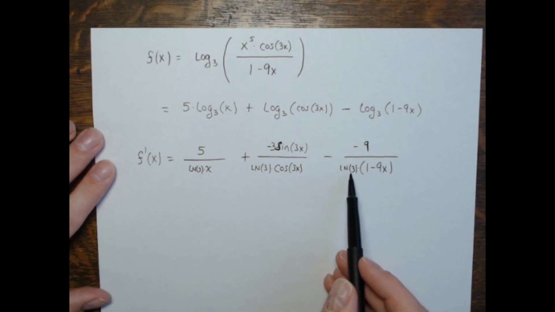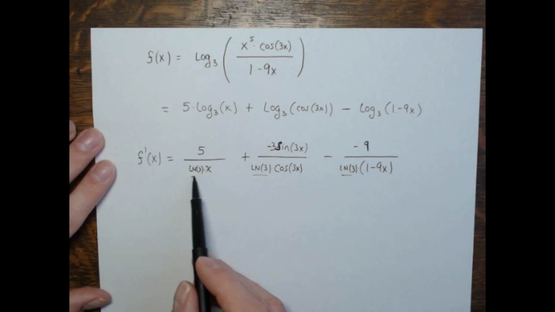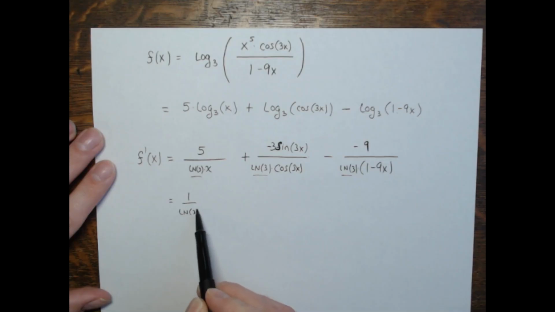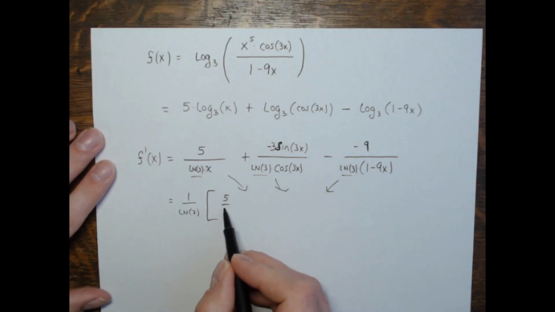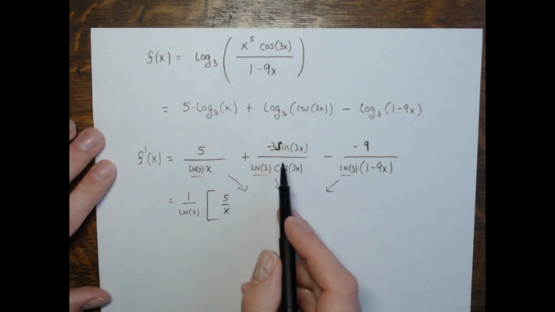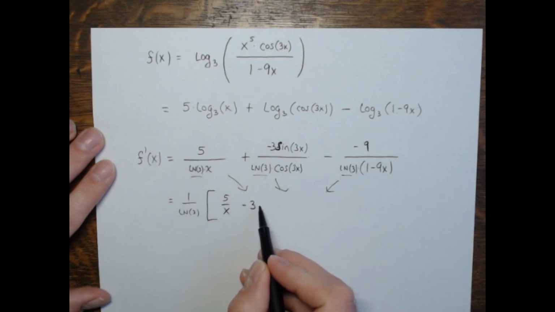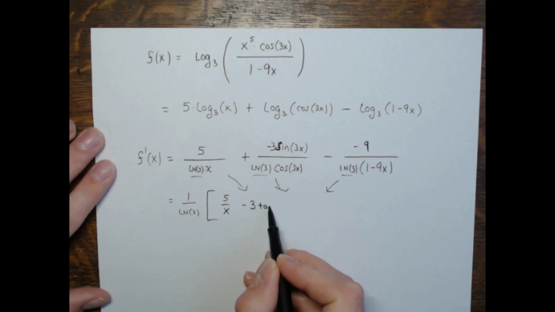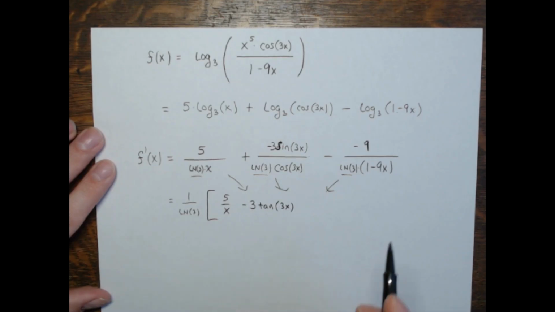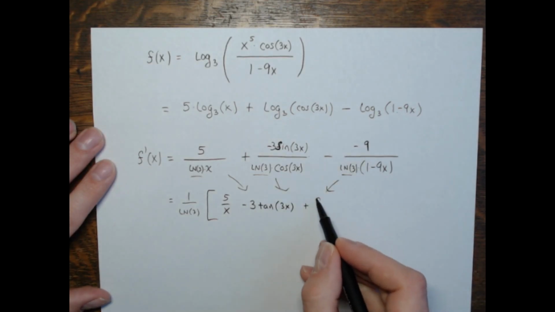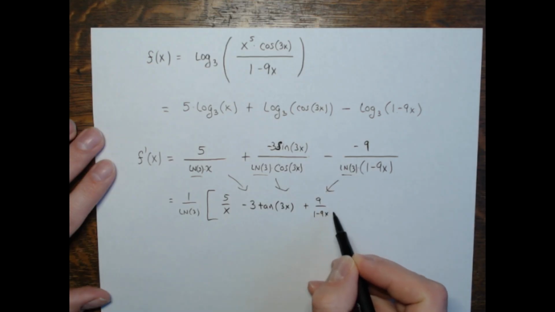And honestly, so I don't have to keep typing log 3, log 3, log 3, I'm going to factor this out. So it'll be 1 over the natural log of 3 pulled out, and then a bunch of the other stuff left over in here. All right, so you'd have 5 over x. And then this would just be negative 3 times the tangent of 3x, right, sine of 3x over cosine 3x, and then plus 9 over 1 minus 9x.